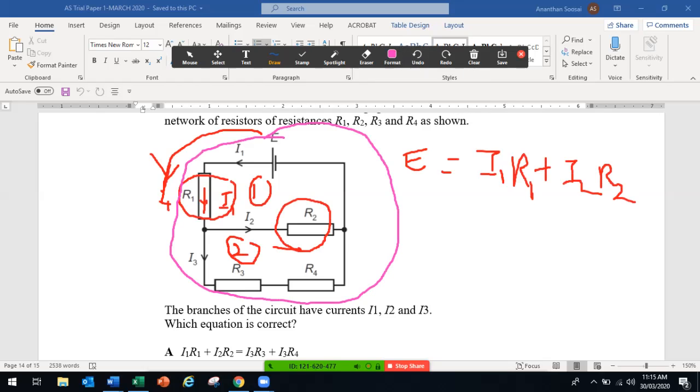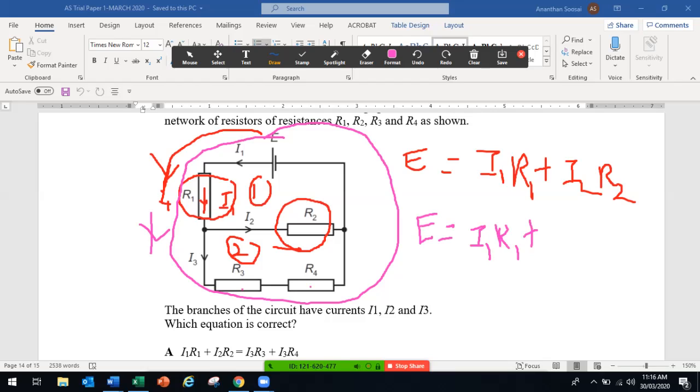Then E equals, how many PD are there? 1, 2, 3. So this one will be I1 R1, positive because the current is going down, and your direction is also going down because we are still going anti-clockwise.